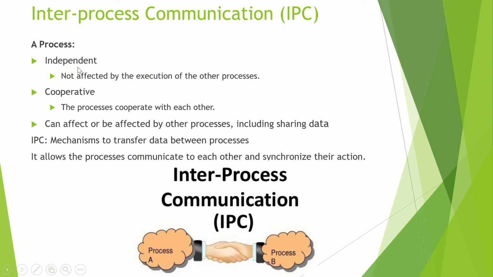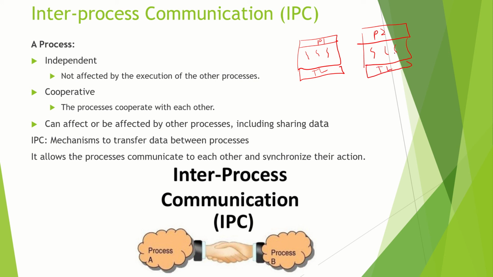So you have process 1 with a thread and a thread library, and process 2 with a thread and a thread library. So how do you communicate between process 1 and process 2? You use IPC.